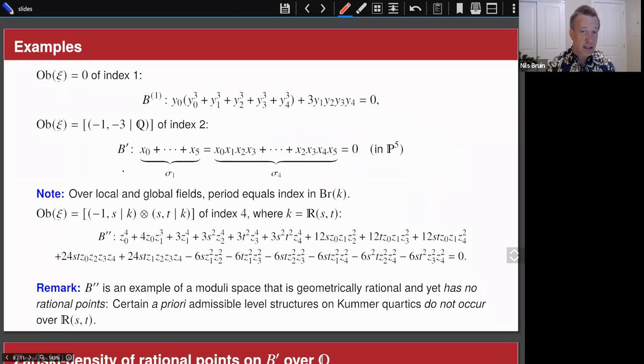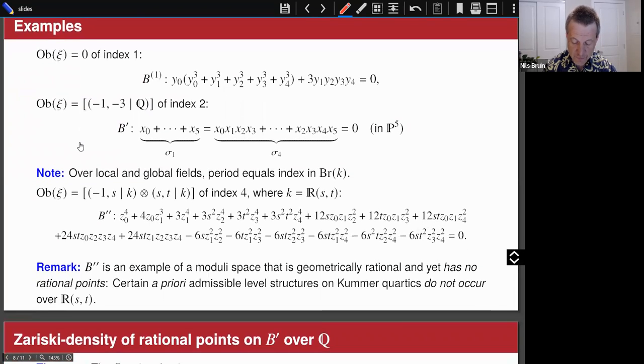So indeed, it is a quartic surface in P4 again, or quartic threefold, sorry. And you can compute that its obstruction is represented by the quaternion algebra (-1, -3), and that's non-trivial over Q. So that's an example, at least over Q, basically over any field where that algebra is non-trivial.